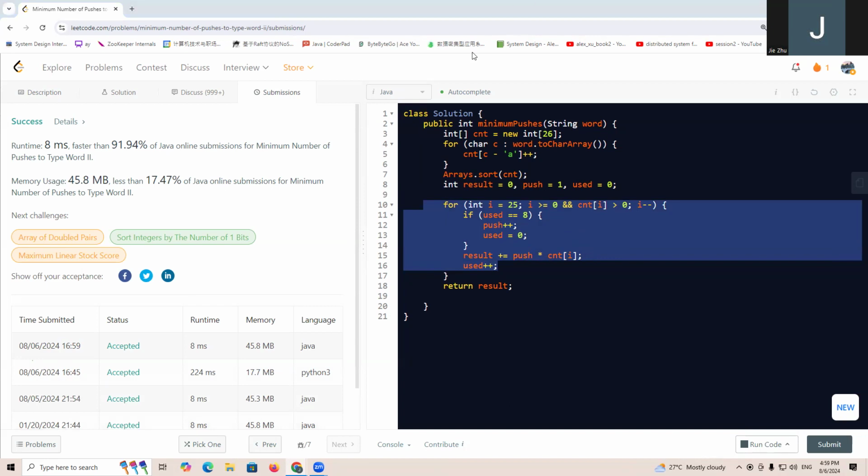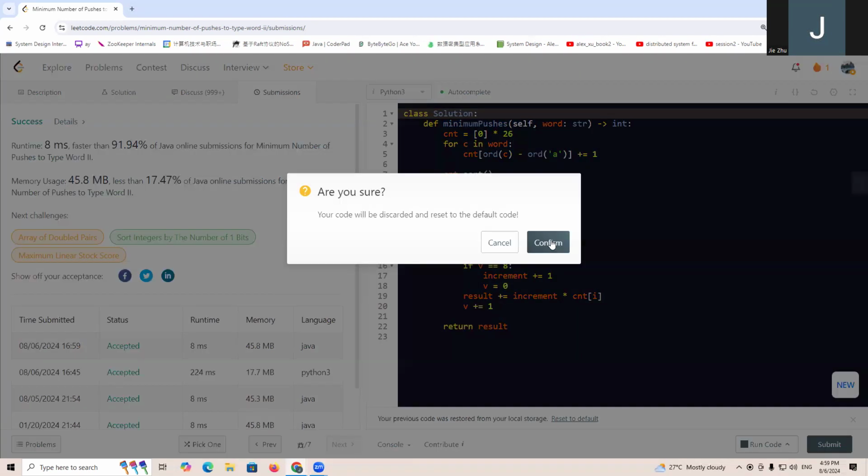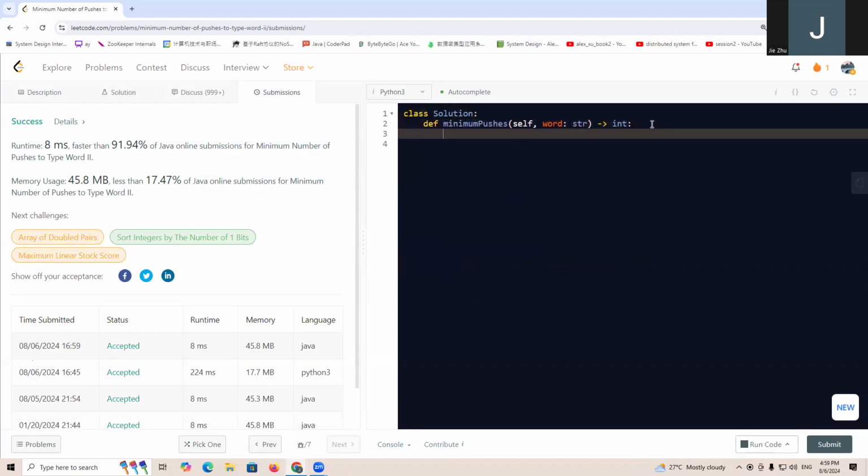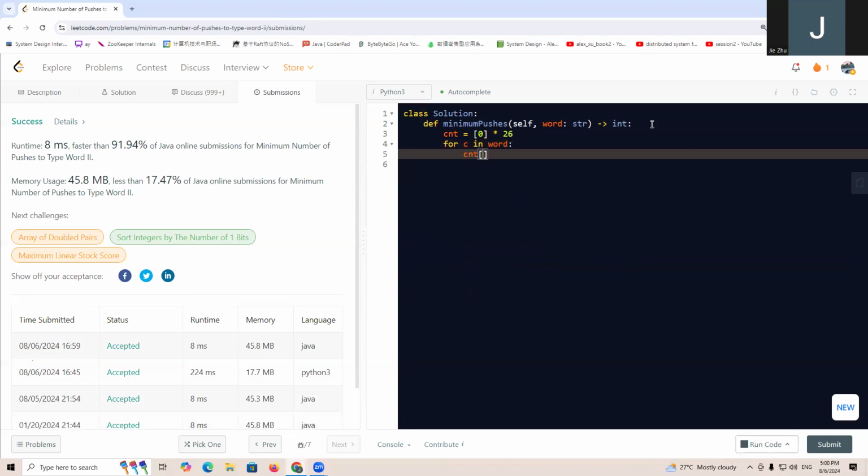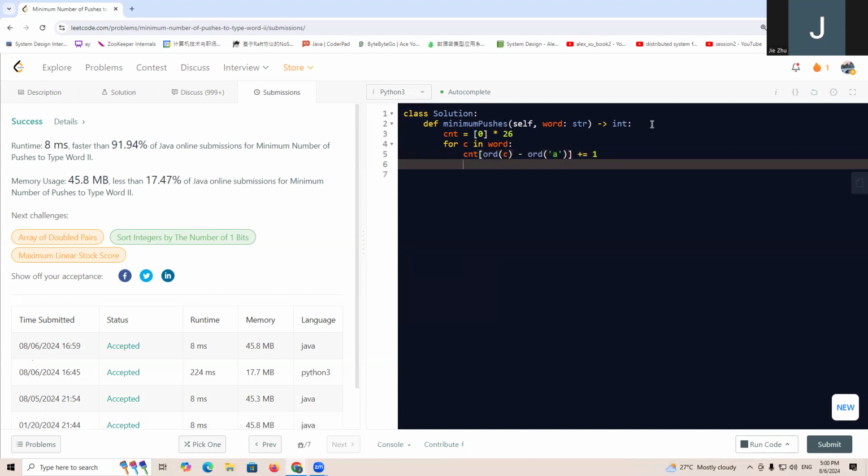Let's write Python code for this as well. We need a count array, set as zero multiplied by 26. For c in word, count[ord(c) minus ord('a')] plus equal 1.